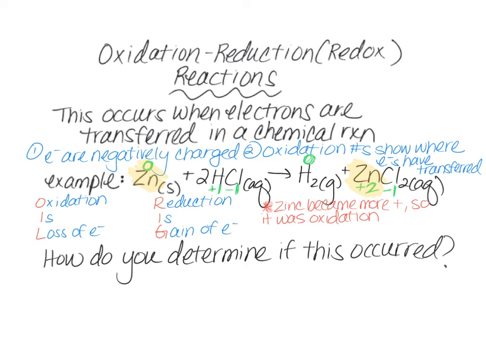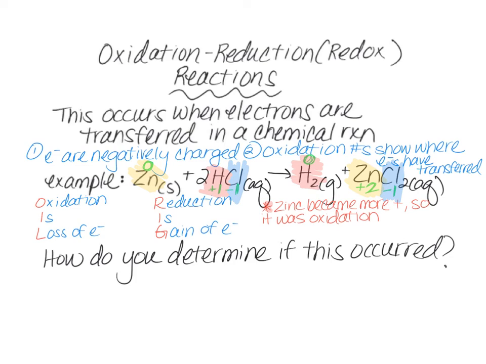So I'm going to highlight another piece for us. Let's look at chlorine really quick. Notice chlorine has an oxidation number of -1 on the left and -1 on the right. That means it was not changed. There was no net transfer of electrons that chloride was involved in. So let's now go to hydrogen. Notice hydrogen on the left was a +1. Hydrogen on the right was a 0.